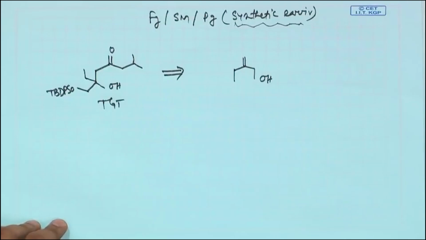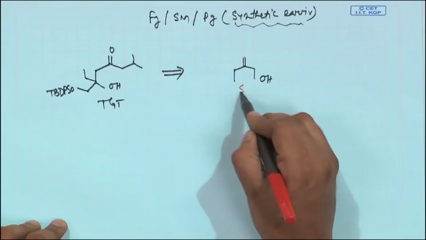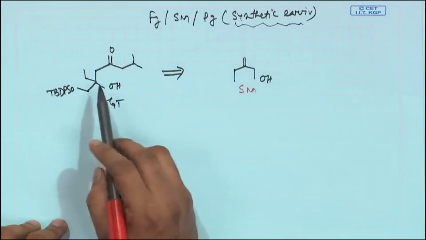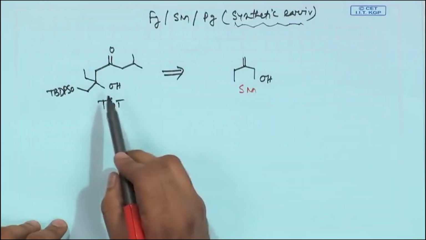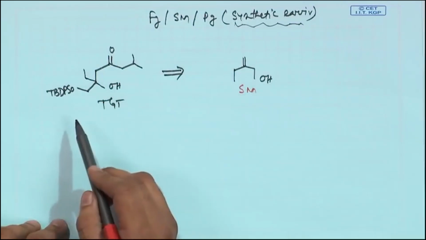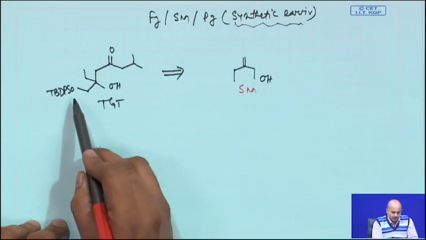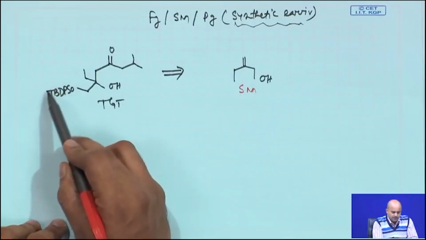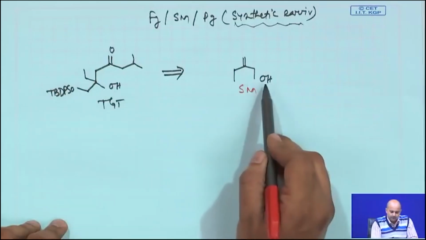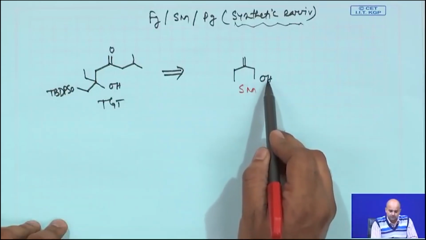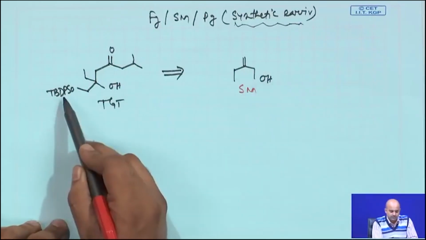Now, try to correlate this starting material with this target. You can find that only this oxygen will probably be coming from this, if you protect this free hydroxy as its TBDPS ether.